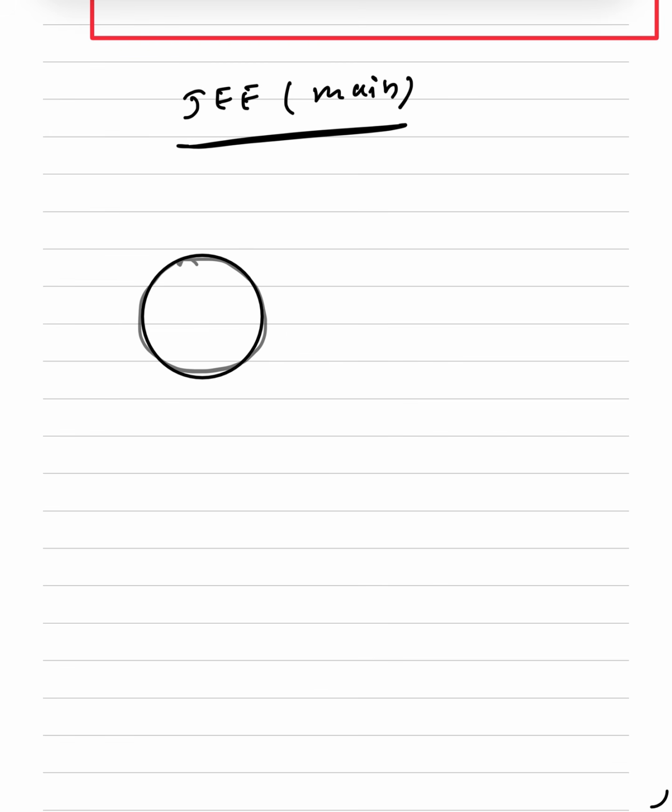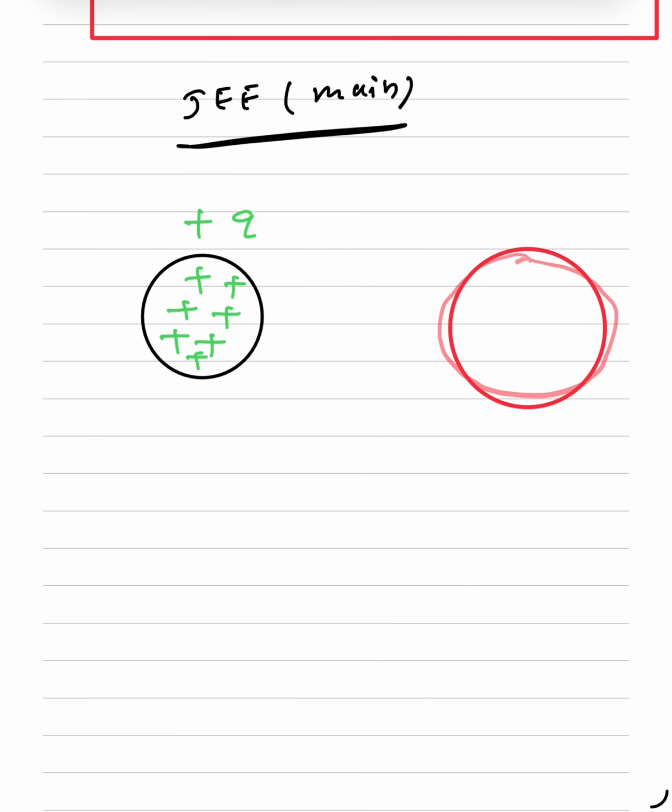Now a JEE Mains problem. Suppose that this is a positively charged body, plus q, and the second is a negatively charged body, the same amount minus q, and the separation distance between both charged bodies is r.